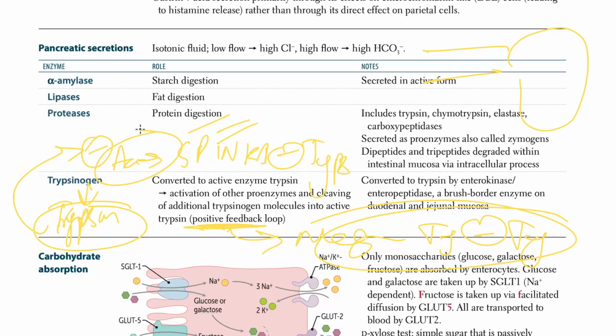Okay, so now if you have a mutation in your trypsin, SPINK1 cannot inhibit it because there's a mutation to it, and the trypsin becomes insensitive to inhibition, right?